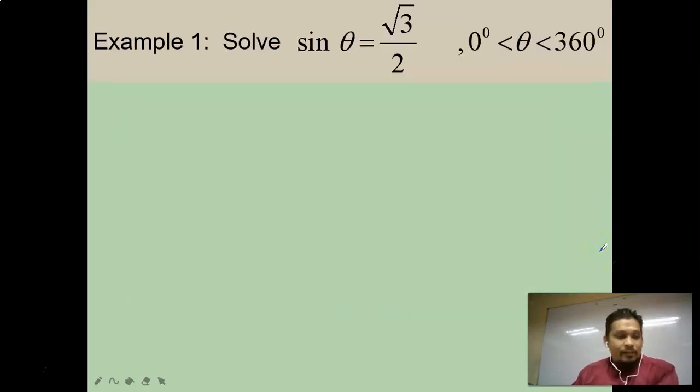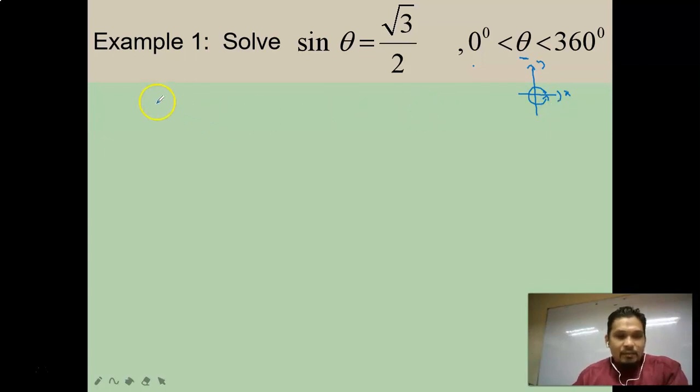So let's see the first example here. Given that theta lies in a range of 0 to 360 degrees, meaning on the x, y axes, it begins from here and then rotates 360 degrees in an anti-clockwise direction.